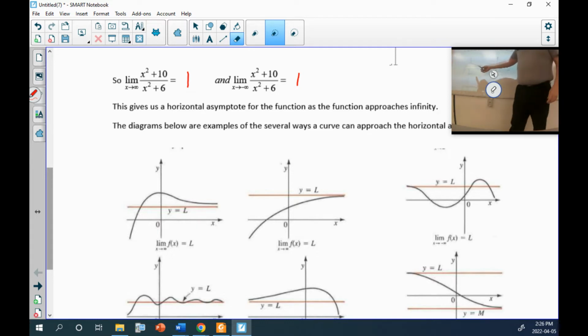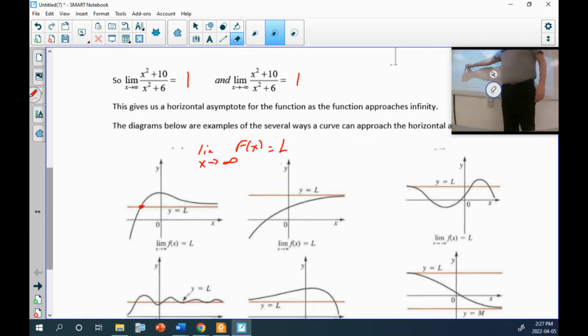Yes, it crosses at this point, but we don't care about that. We only care about the extreme. This one, what's that?